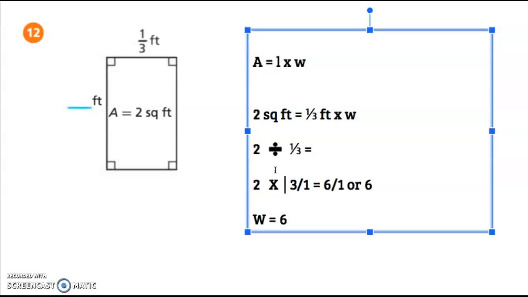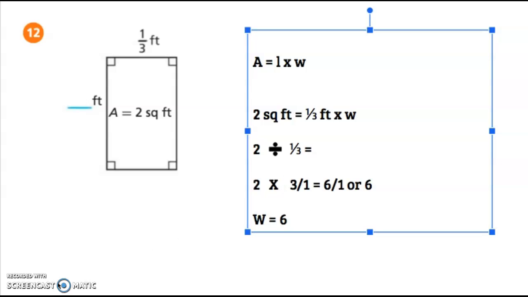I change my division to multiplication, and then I flip my fraction. So now I have, if I go straight across, 2 times 3 is 6. And we have an imaginary 1 right here because 2 over 1 would be the same as 2. So then 1 times 1 is our 1 for our denominator. And then our 6 with our 1 as our denominator is the same as our whole number 6. So our width would be 6.